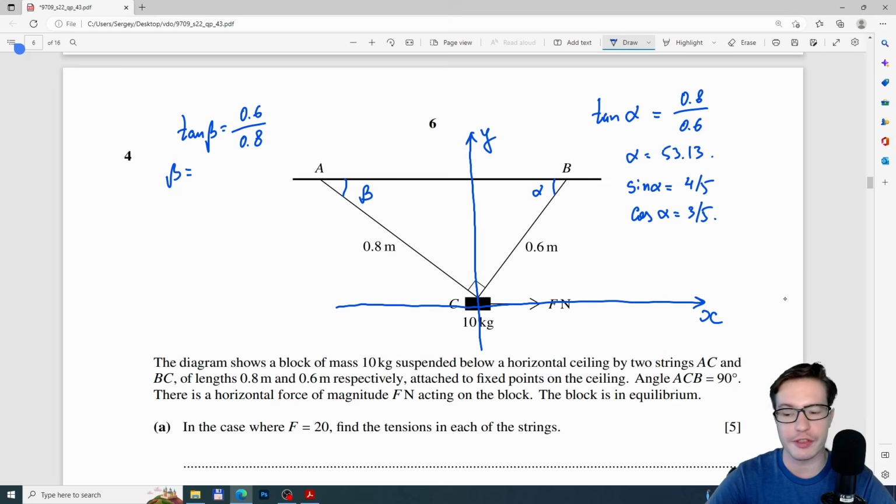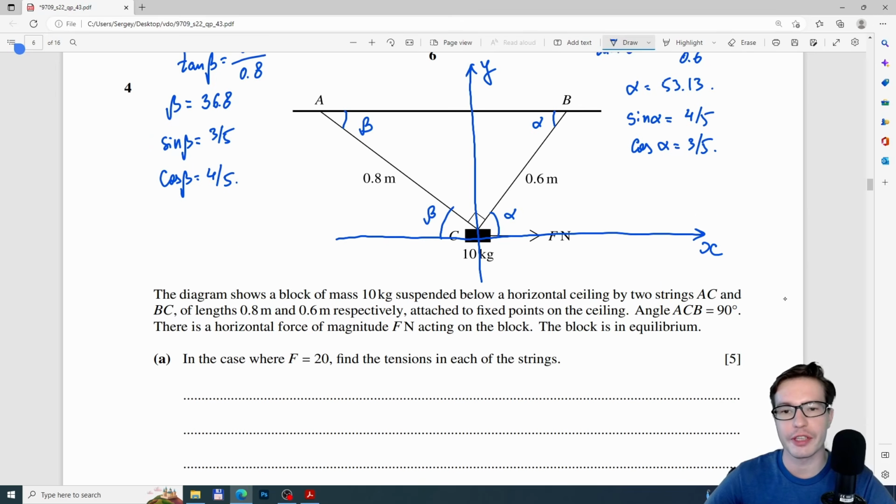From there, beta is equal to 36.8. But then we just need sine beta, it's 3 over 5, and cosine beta is 4 over 5. Okay, this angle here is also alpha because of Z angles, and for the same reason, this angle is also beta.